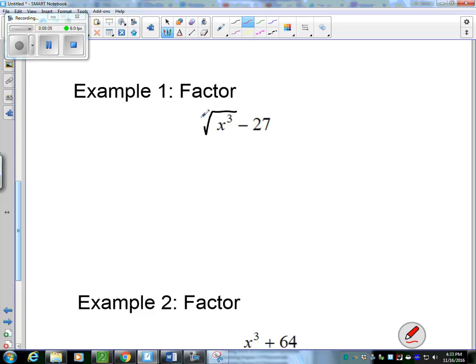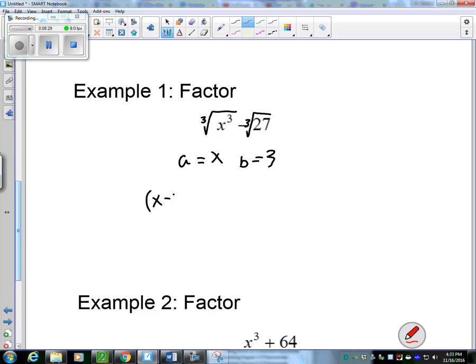Your first term is x, and in the formula that would represent your a. The second term, you cube root it, and you get 3. This in the formula would represent your b. So we have a minus b.